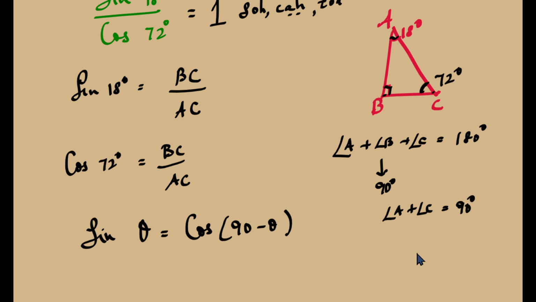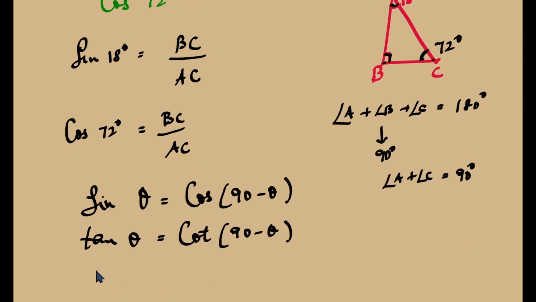Now you just go and visit the video in case you haven't, or even otherwise, in the same video we have also arrived at tan of theta is equal to cotangent of 90 minus theta, and in the same way secant theta has been found to be equal to cosecant of 90 minus theta.